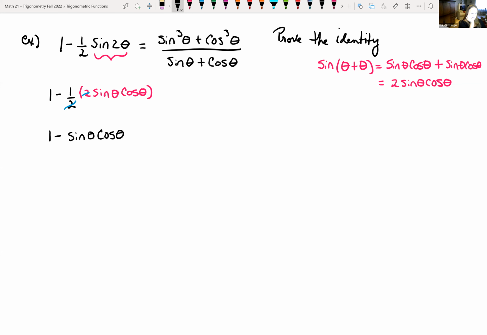I'm not sure how I'm going to get it to look like the following. So maybe we need a sine theta plus cosine theta in the denominator. So I'm wondering if we multiply both the numerator and denominator, multiplying this by a fancy 1, sine theta plus cosine theta.